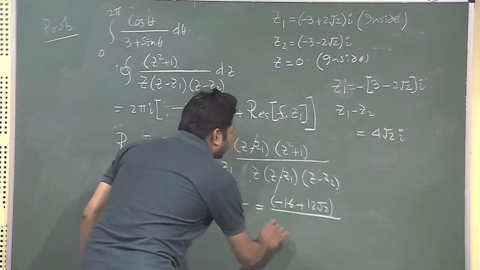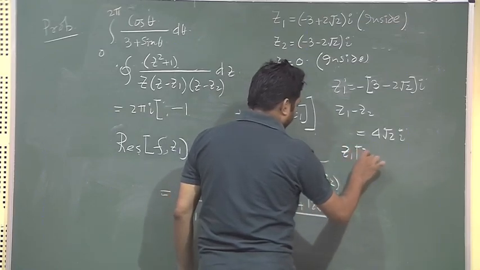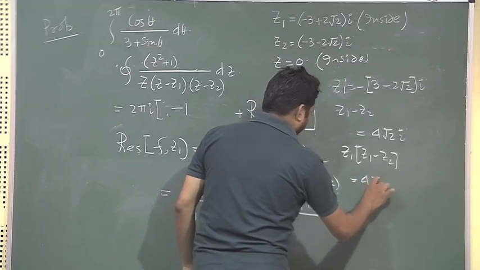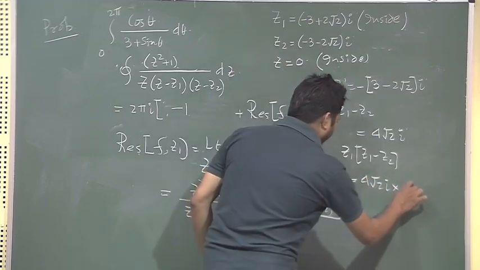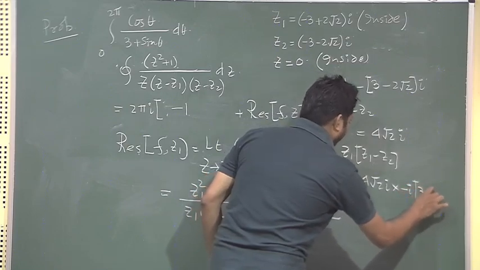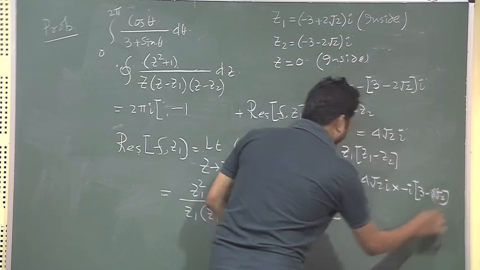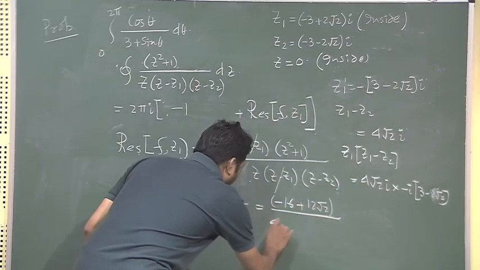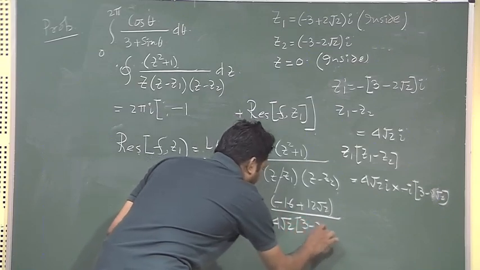So, z1 multiplied by z1 minus z2 is nothing but 4 root 2 I multiplied by minus of I multiplied by 3 minus 2 root 2. Now, if I put it here, then I will have 4 root 2 multiplied by 3 minus 2 root 2.